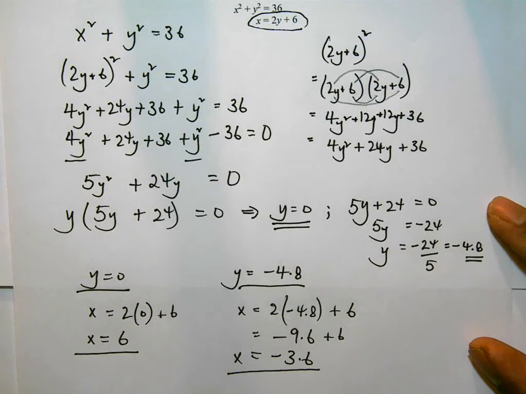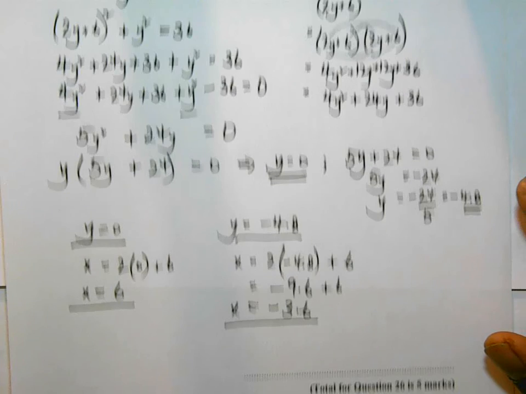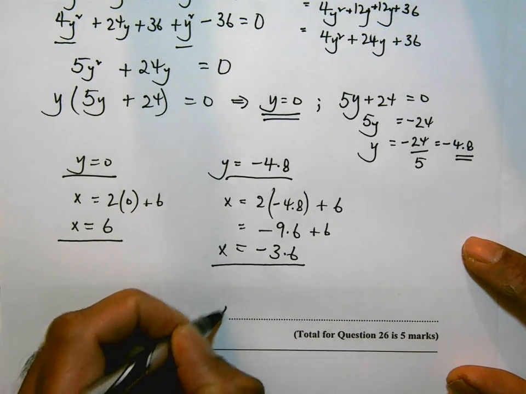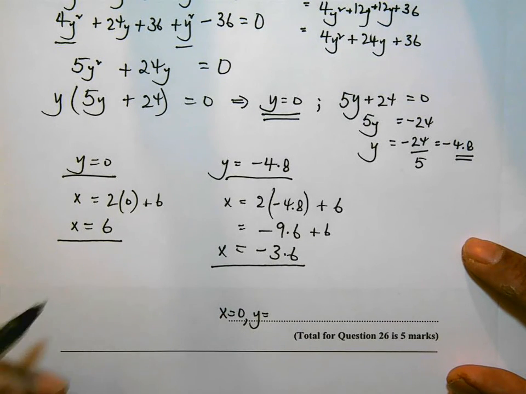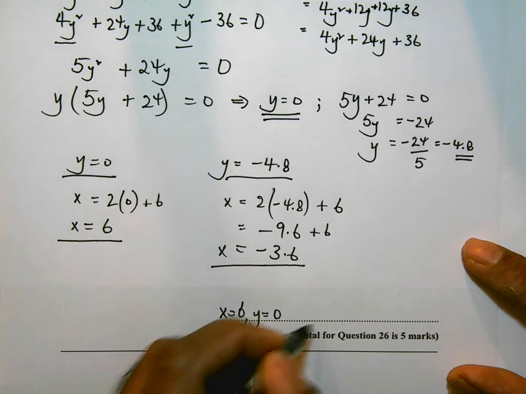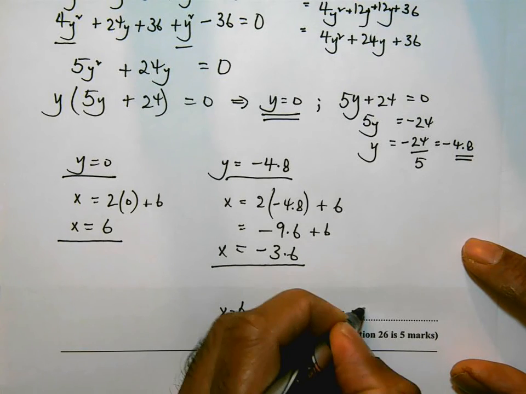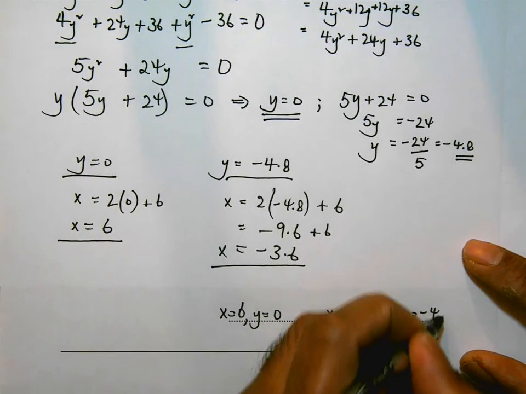Okay, in my answer space at the very bottom, I'm going to write both answers. So when x is 6, y is 0. And when x is minus 3.6, y is minus 4.8.